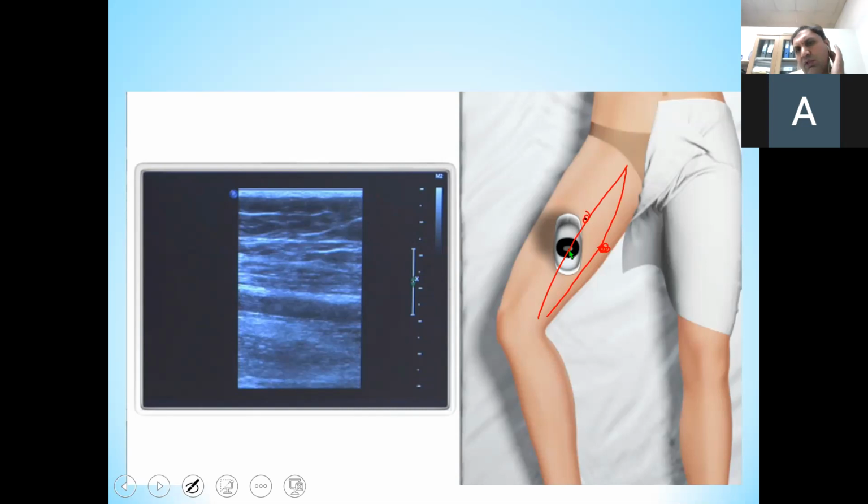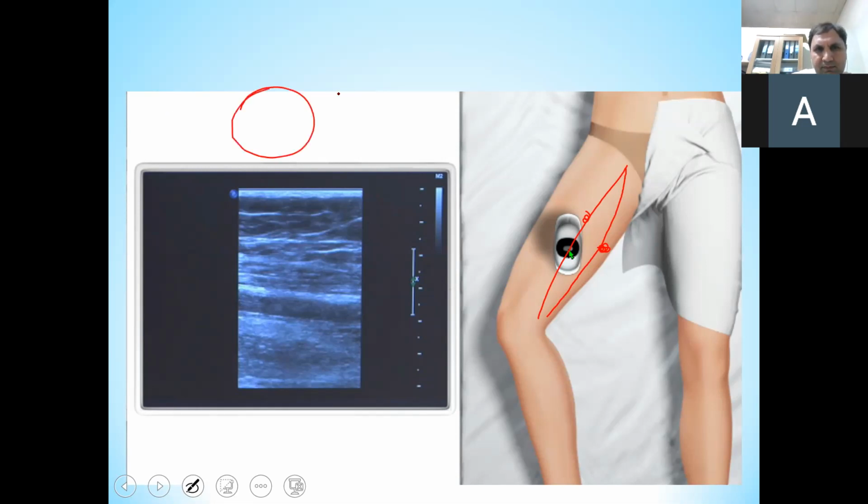So here you can see this is the great saphenous vein, which is superficial, and the saphenous compartment is guarded by superficial fascia and deep fascia. So this will look like an eye, which is also called the Egyptian eye. This great saphenous vein in short axis view will look like this.